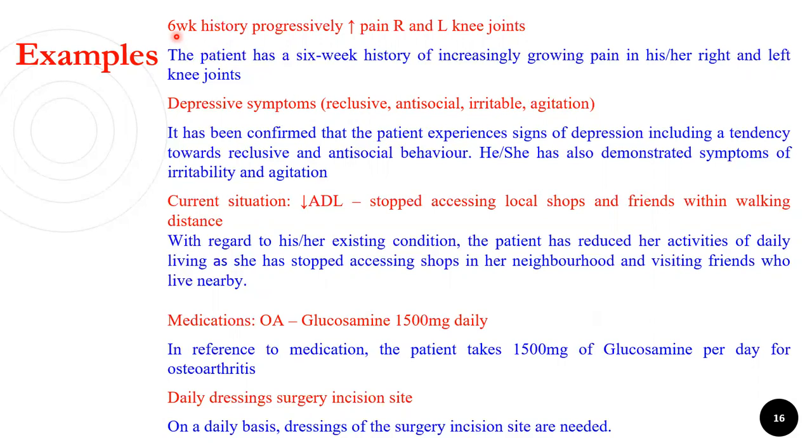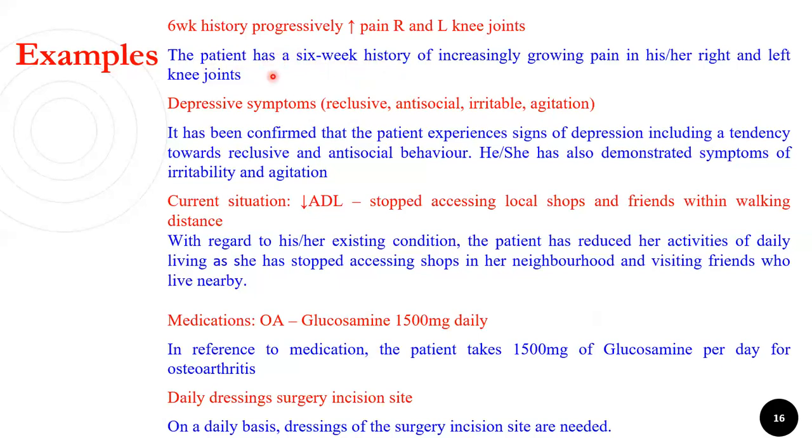If you're writing a grammatically correct sentence, we need an adjective or adjectival to describe history. So 6-week hyphenated becomes the adjectival, and we need an article a to precede the adjectival.